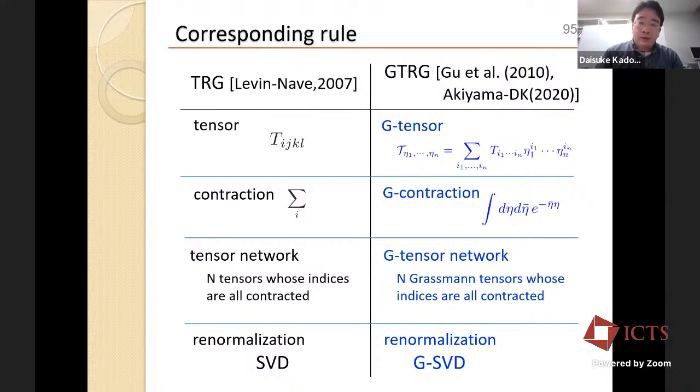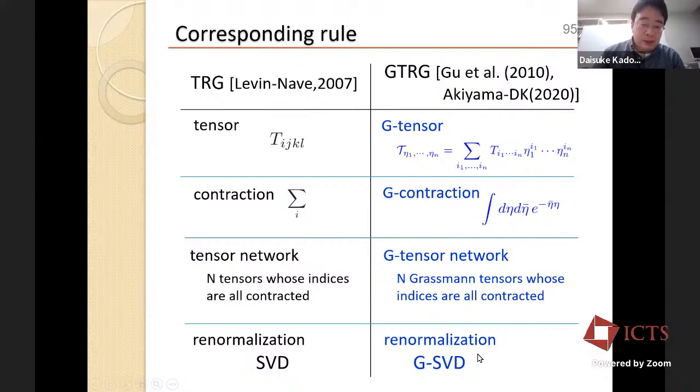On the other hand, in the Grassmann TRG method, the fundamental tensor is given by the Grassmann tensor, defined by this, and the contraction of two Grassmann tensors is given by Grassmann integrals with this weight. And the Grassmann tensor network is defined by a product of n Grassmann tensors whose indices are all contracted under this rule.